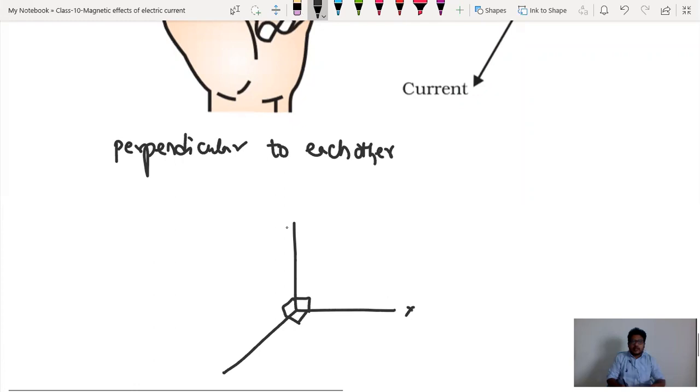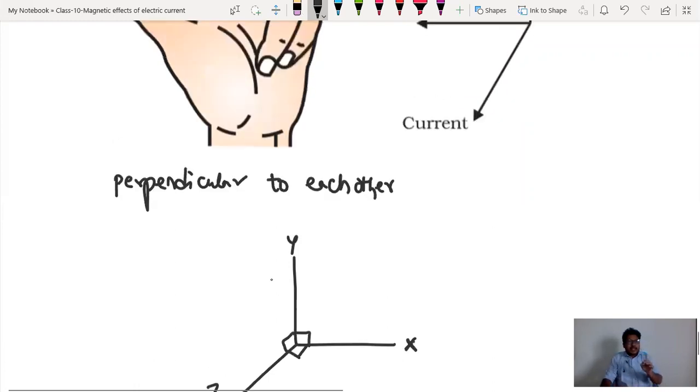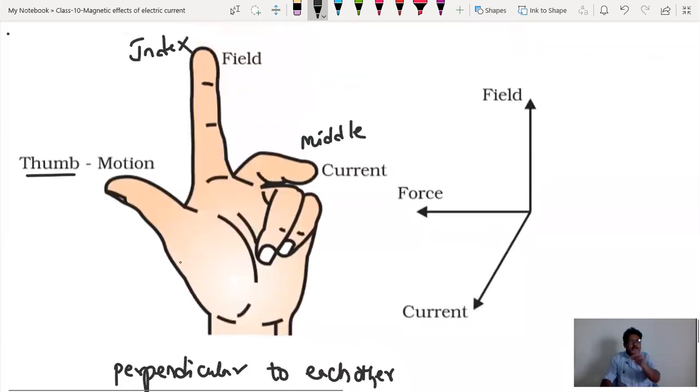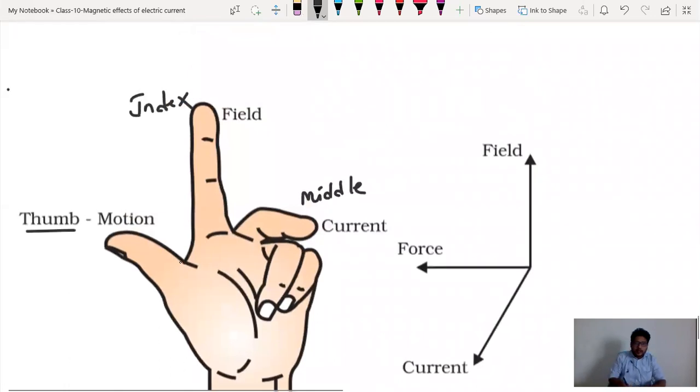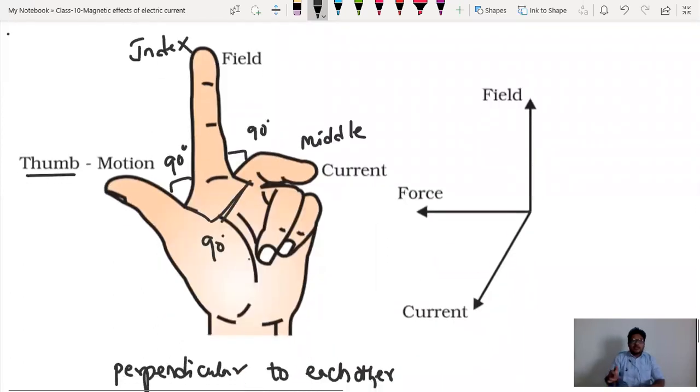So for the x-axis, y-axis, z-axis, if you observe, there will be exactly 90 degrees between these three. From index to middle finger, 90 degrees. From index to thumb, 90 degrees. From thumb to middle finger should be 90 degrees. And it is easy to understand.